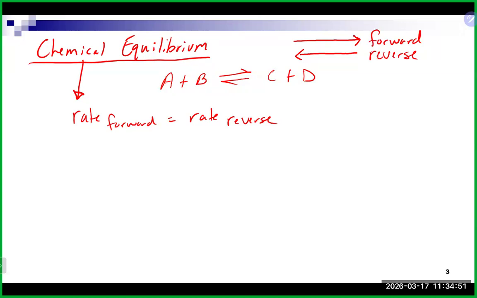One of the things we also talked about a little bit, and we'll see more in this chapter, is that you can do something to this reaction that would mess up the equilibrium and the rate of the forward and reverse reaction. These reactions are, if you want to think about it, self-correcting. Even if you do something to it that screws it up, it will by itself try to adjust itself back to that equilibrium state.